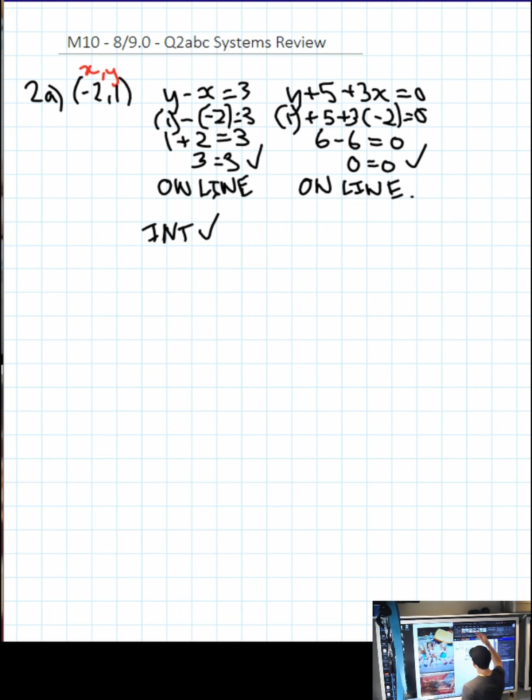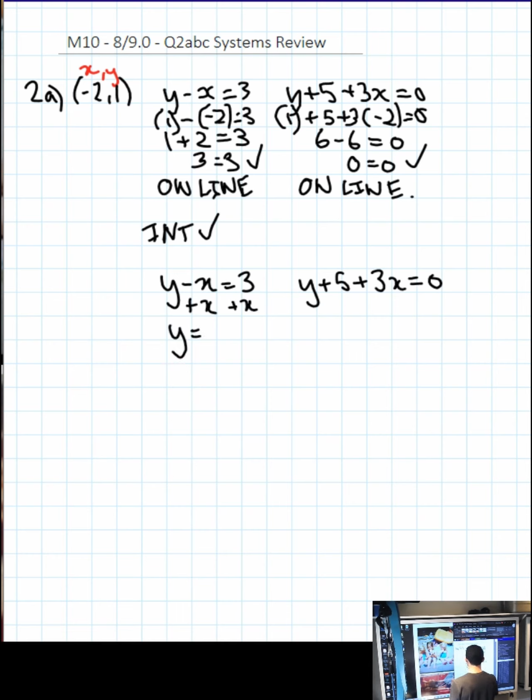Okay, so these equations aren't in y equals mx plus b. We could turn them into y equals mx plus b. So let's take y minus x equals 3 and y plus 5 plus 3x equals 0. In the equation on the left, if I add x to both sides and leave it in y equals mx plus b form, it will be y equals x plus 3.